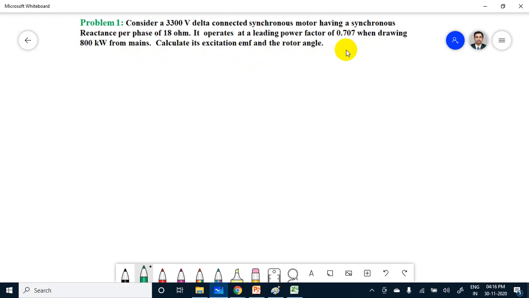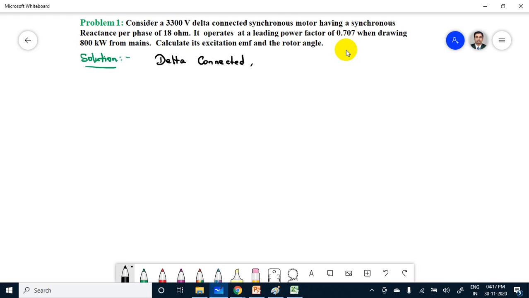Solution. The first step, please listen carefully. The machine is delta connected, please take this down.